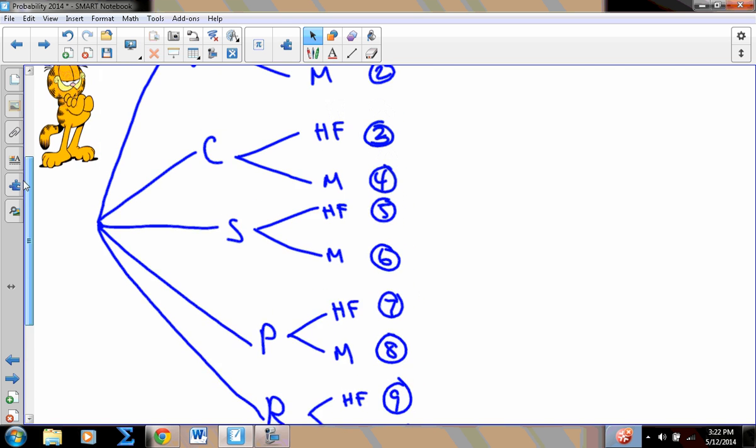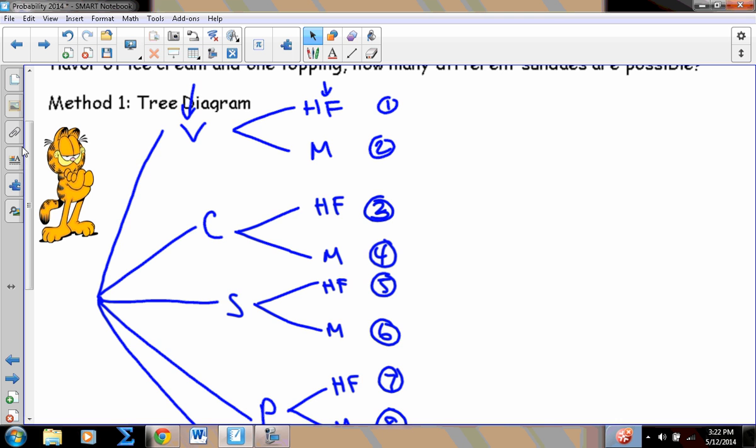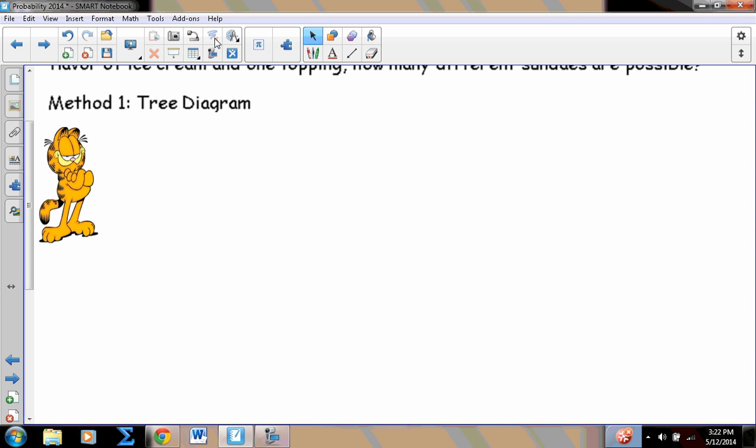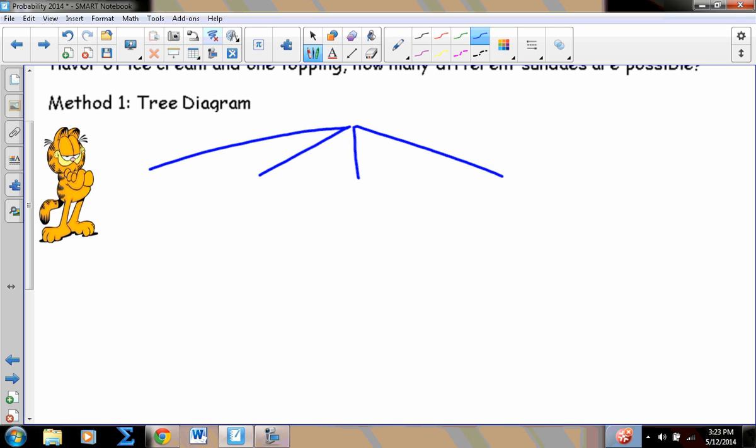I am really bad at drawing these tree diagrams going across the page, so frequently what I will do is rather than go across, I will go down the page. And it really isn't any different. It's just a matter of this is the way I can space them out better for myself. I think it looks neater the way I do it.